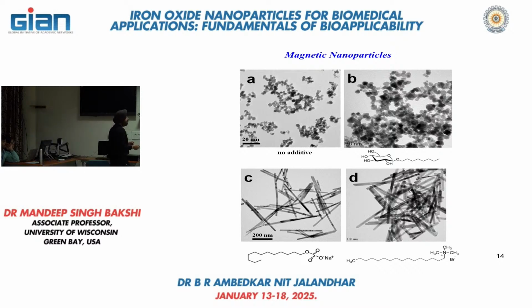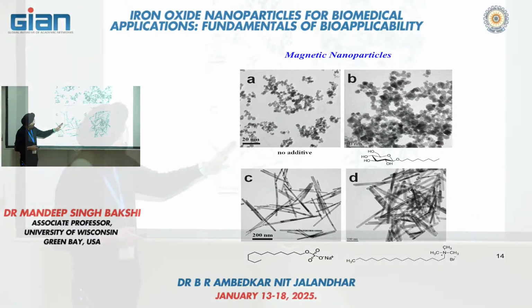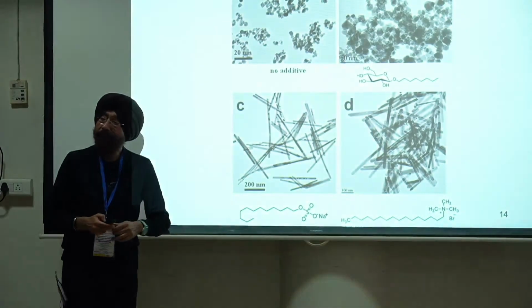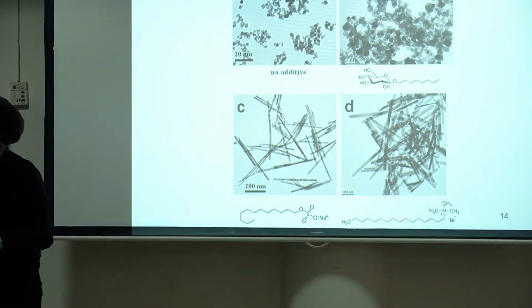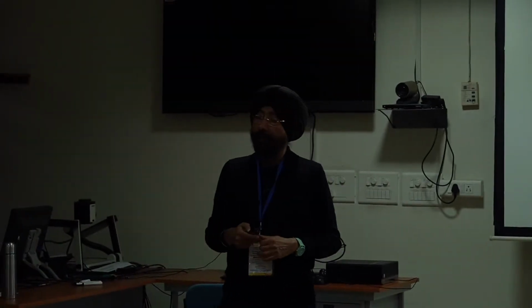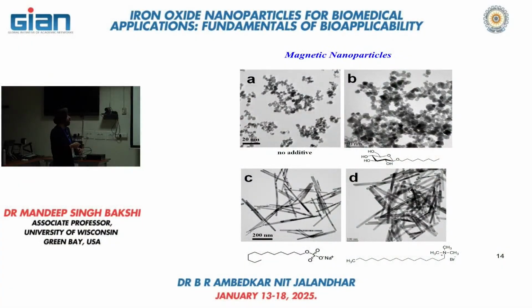Rarely they are in the rod shape. These are rods of the iron oxide. You can synthesize rods as well if you want, but most of the applications of the iron oxide nanoparticles are performed with roughly spherical particles like this. How can we use them?